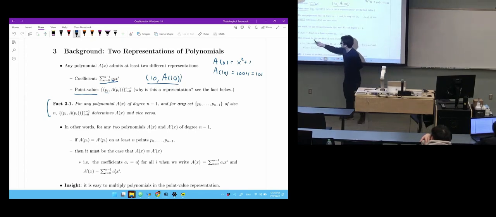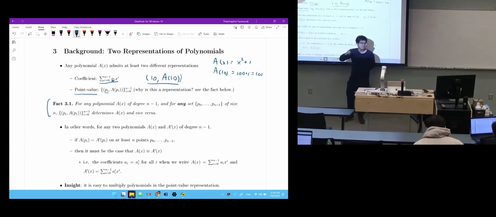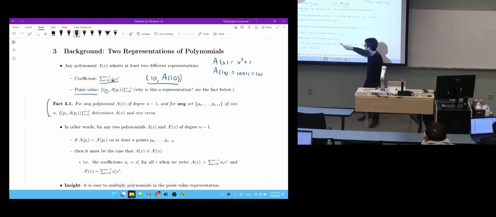If you evaluate them and they agree at at least n many points, then you know for sure that they must be exactly the same polynomial. That is, if you write it down as a coefficient list, you will get exactly the same coefficients. Okay, so is the statement of this fact clear?